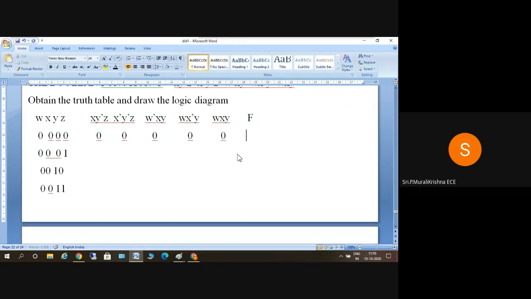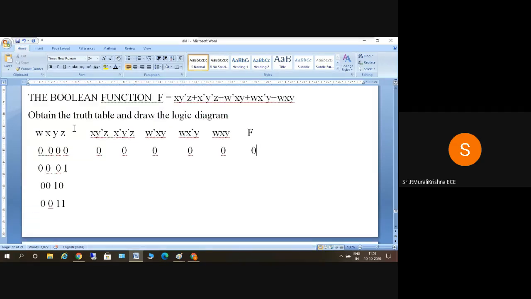So f will also be 0 because we are adding all zeros here. If any of the terms is 1, the output is 1. So fill this truth table, and then draw the logic diagram based on this Boolean function.